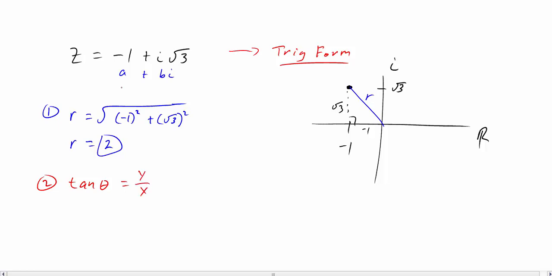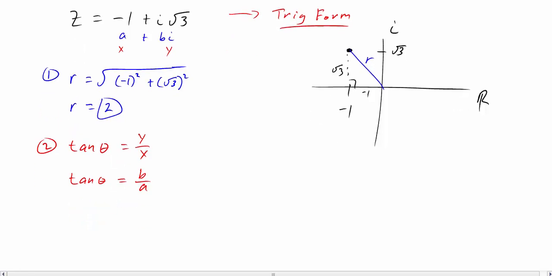In terms of our complex number, the a is kind of your x, the b is kind of your y value, so we can think of tangent theta as the y value, which is b, the imaginary part, over the real part, which is a. So tangent theta is equal to b over a.